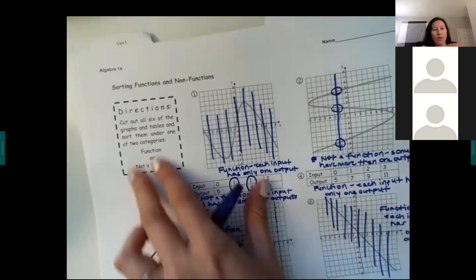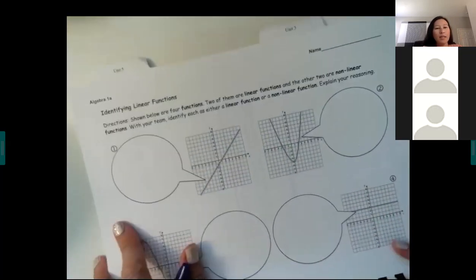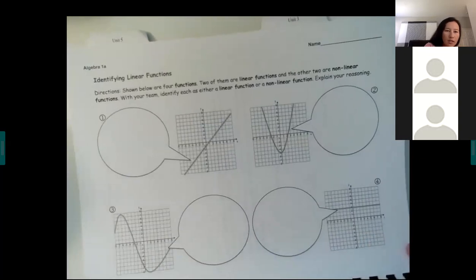The sorting functions and non-functions, just a couple pages behind that, you'll find identifying linear functions.